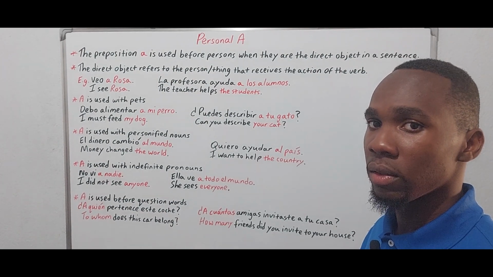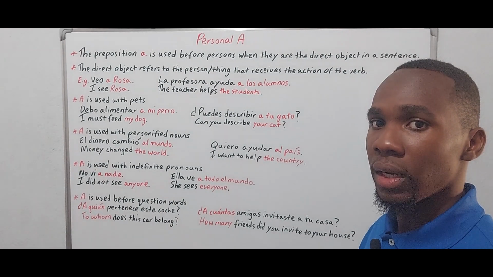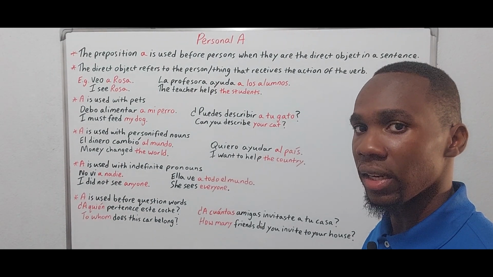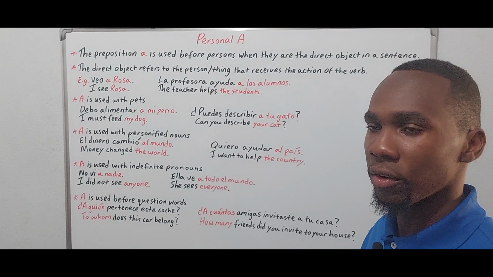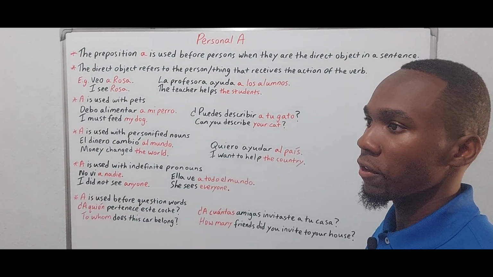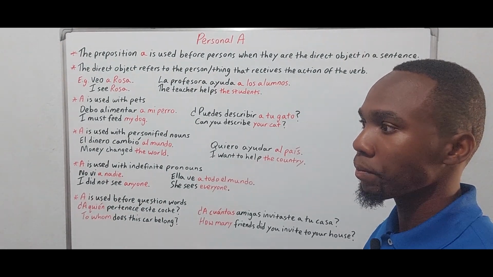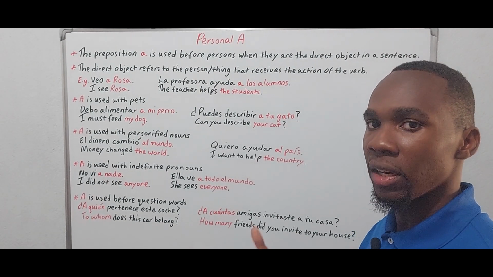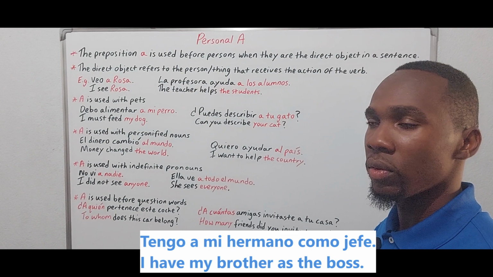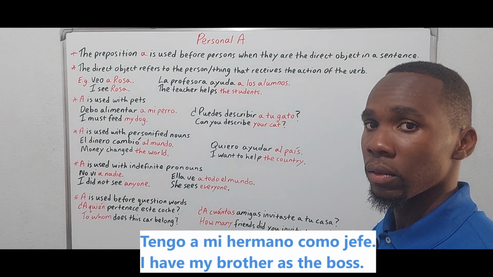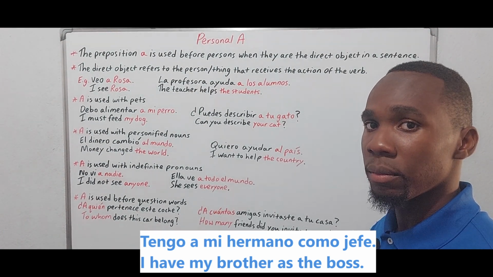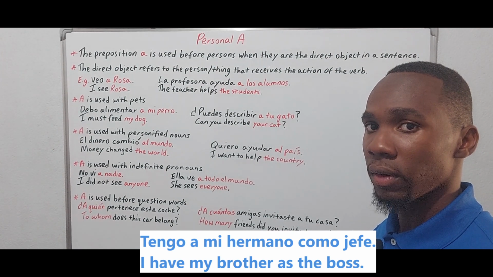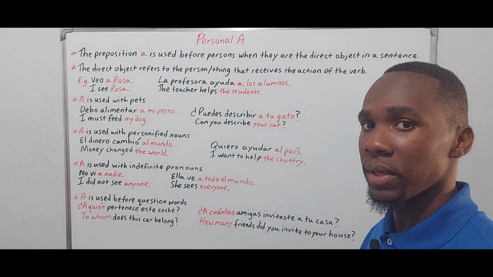But if we're talking about having someone in a particular position or state, we use the a with tener. Therefore, for example, I can say, tengo a mi hermano como jefe. I have my brother as the boss. Right? So that's a position I have him in.